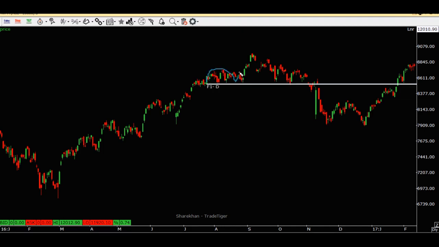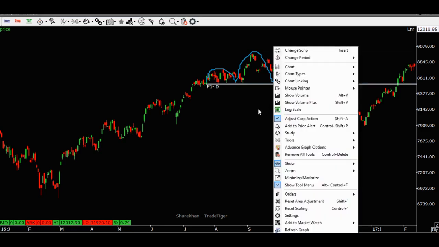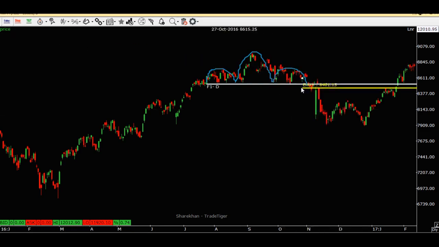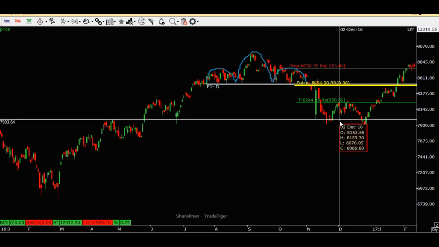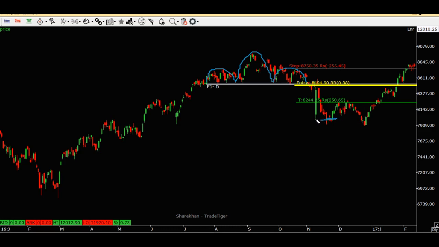Here's the left shoulder, here's the head, and here's the right shoulder, right? So my entry will be on the break of the neckline. My stop loss will be the shoulder high, and my first target will be 255 points, which is right here. Okay, and final target would also have been achieved somewhere here.